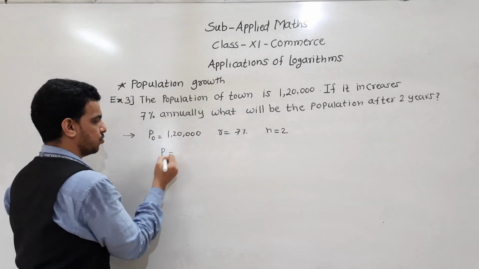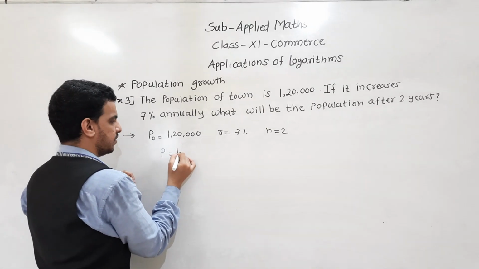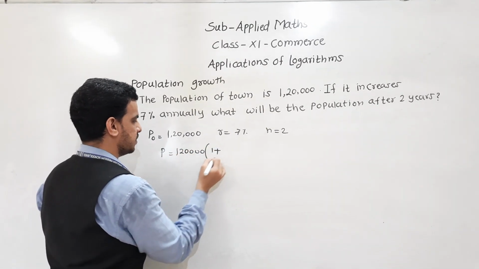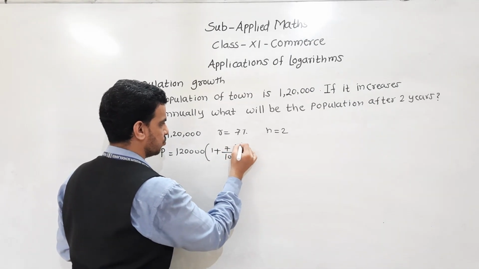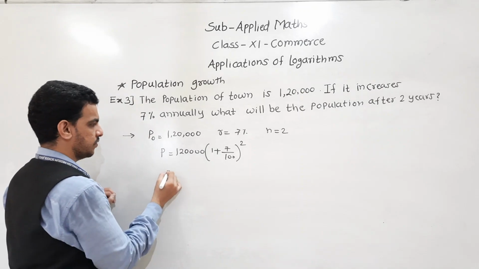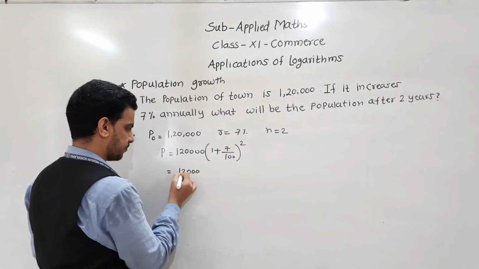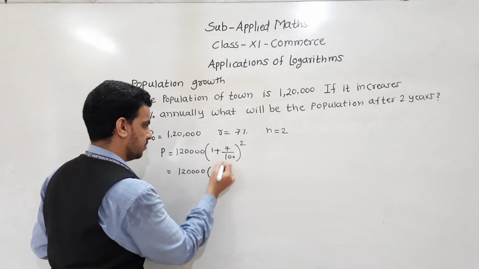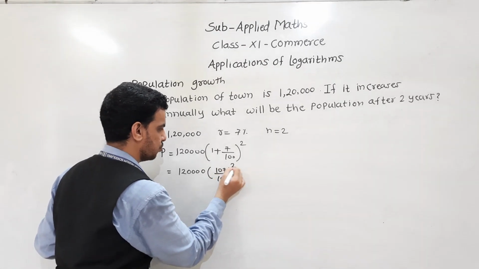So population after 2 years, suppose it is P, is P0 into 1 plus R by 100, so 7 by 100 raised to 2. If we simplify this, 1,20,000 into 107 by 100 raised to 2.